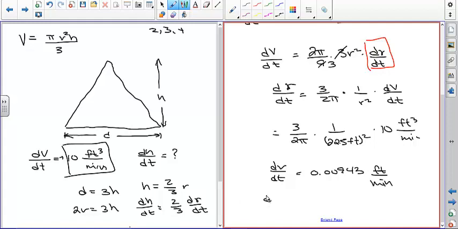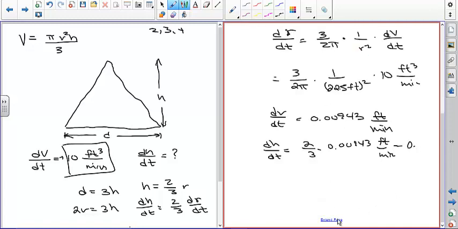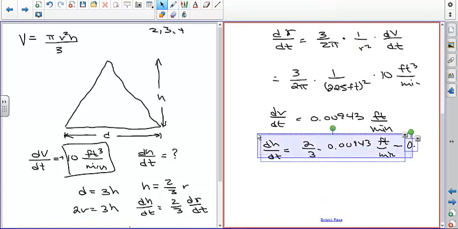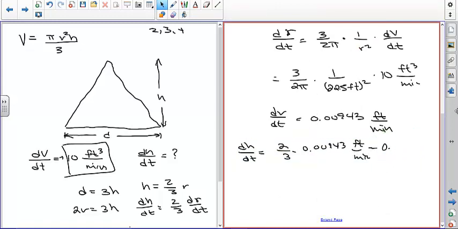And so therefore dh/dt is 2/3 of that, 2/3 of 0.00943 feet per minute. Times 2 divided by 3 is 0.0063 feet per minute. So that's how quickly the pile is growing.